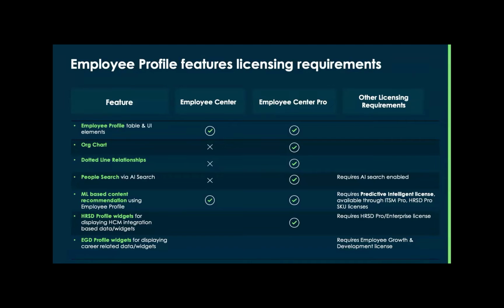Then we have the HRSD profile widgets, or the option to configure additional widgets based on HCM integrations, right? So it requires HRSD Pro or enterprise licenses. Then we could also configure EGD profile widgets for displaying career-related information, which again requires an employee growth and development license.